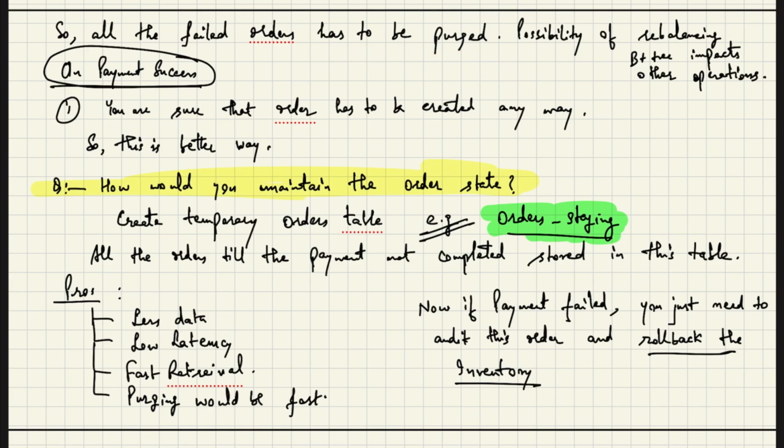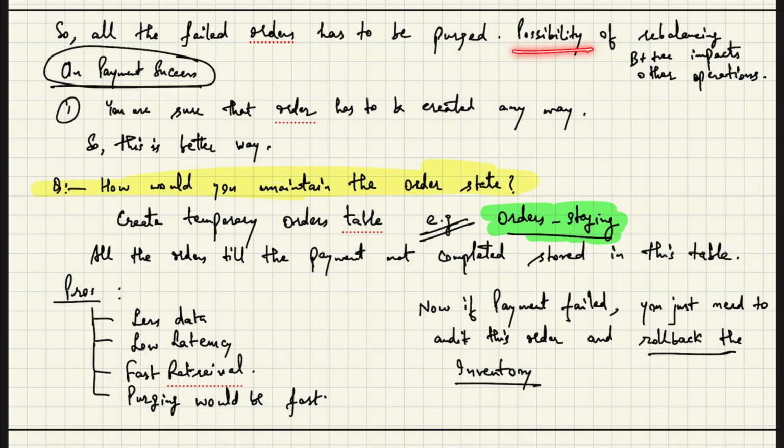So all the failed orders also have to be purged. For example, let's assume the payment has failed, and you have already made the entry in the orders table. What would you do? You need to either soft delete those particular orders, or you can do a hard delete. But you still have to do the purging at some time, sooner or later, for all those orders, right?